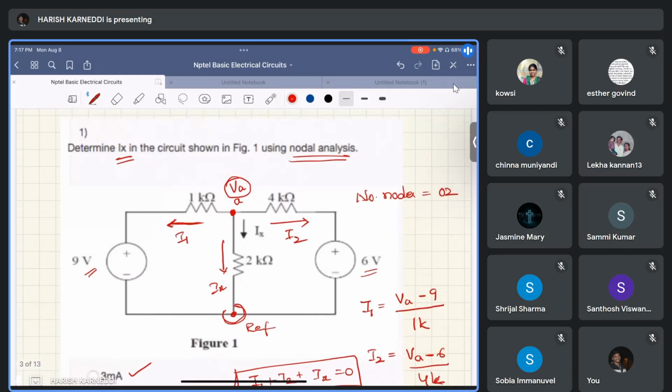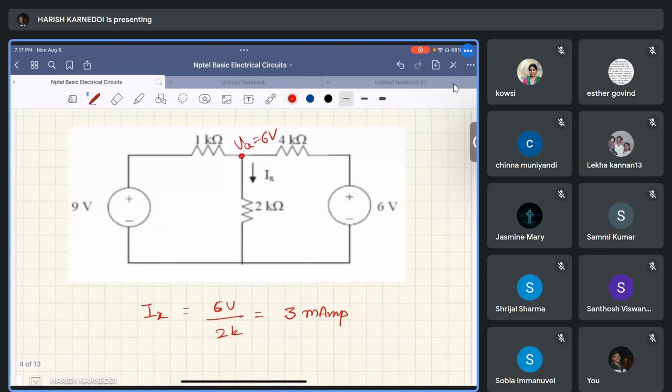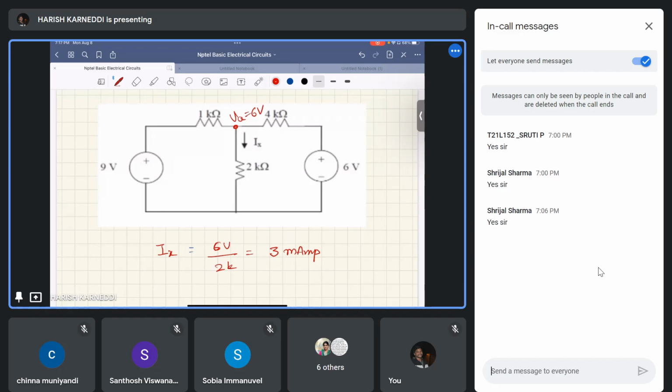I think this question is clear. We will go to the comments once. Are there any doubts in question one? Are there any doubts in question one?